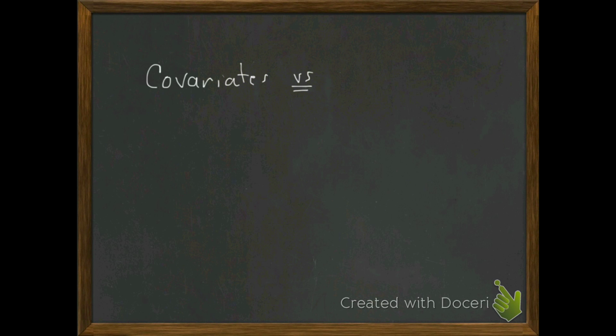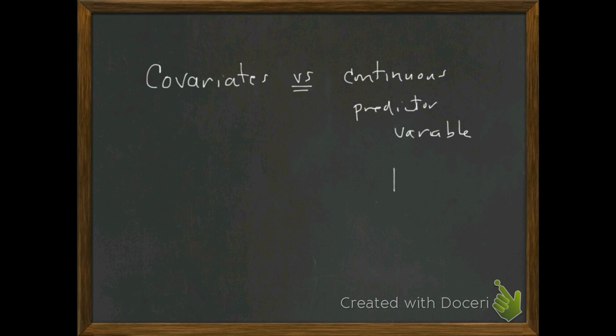So we can think of covariates in terms of the same as a continuous predictor variable.